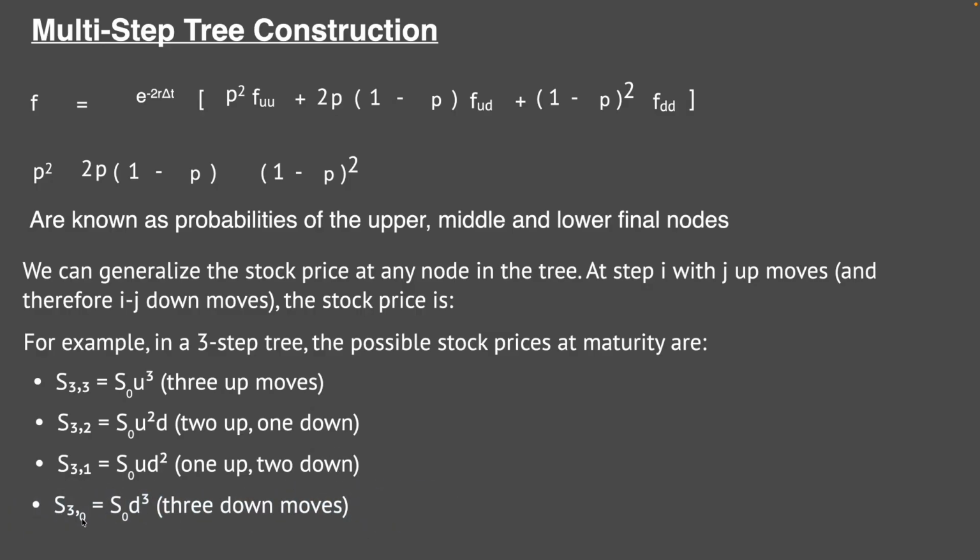And finally S30, S0 D cube, is nothing but 3 down moves. So we have S33 where there will be 3 up moves, S30 where there will be 3 down moves, S32 where there will be 2 up moves and 1 down move, and S31 where there will be 1 up move and 2 down moves.